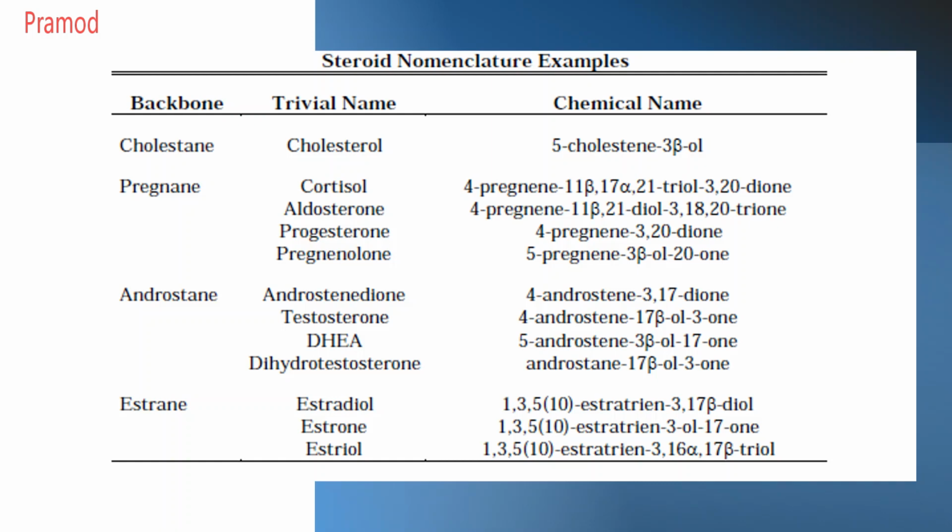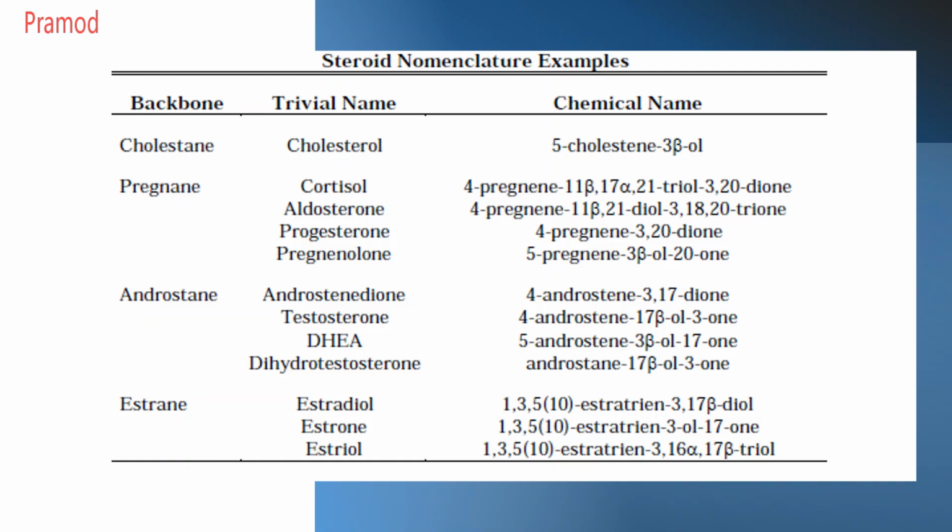Aldosterone is 4-pregnene with hydroxyl groups at the 11 beta and 21st position, and carbonyl groups at the 3rd, 18th and 20th carbon. So that is the difference between aldosterone and cortisol.